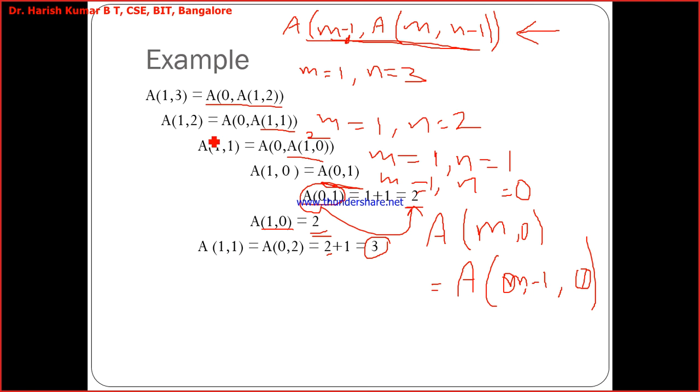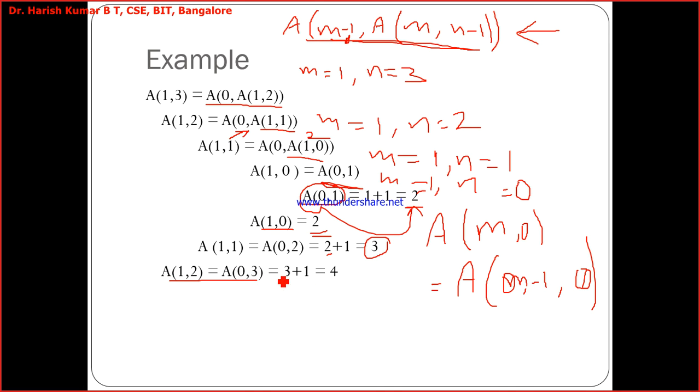Since you have the value of A of 1 comma 1, you can easily find A of 1 comma 2 by substituting it here. A of 1 comma 2 is equal to A of 0 comma 3.